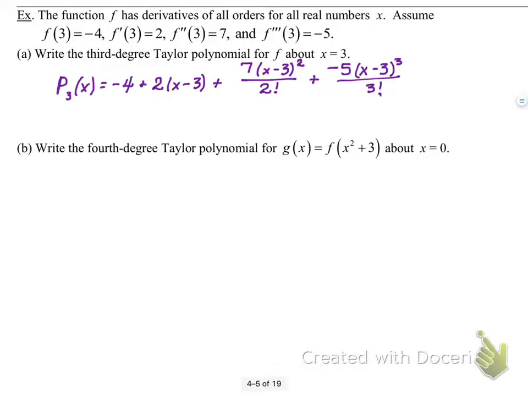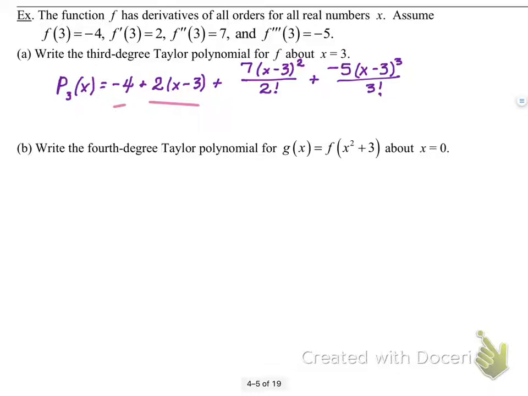Okay, so some tricks to remember the formula here. This first bit right here will always involve no x values. Then you've got your first derivative, and the exponent of your x minus 3 is 1.